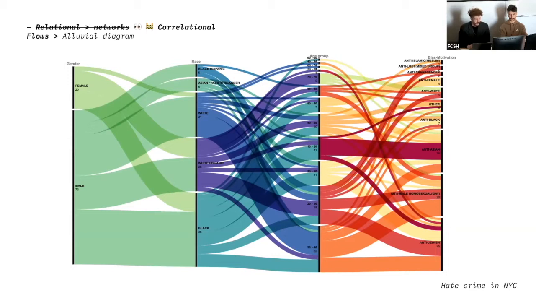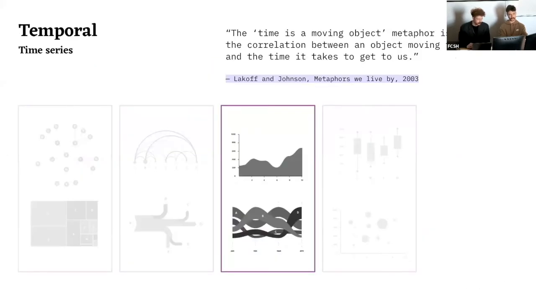So every node needs to be directed to every single step. You cannot skip any one of them. So for every black line that you see, all the dataset is represented inside of it. In this case, we have the hate crime in New York City.